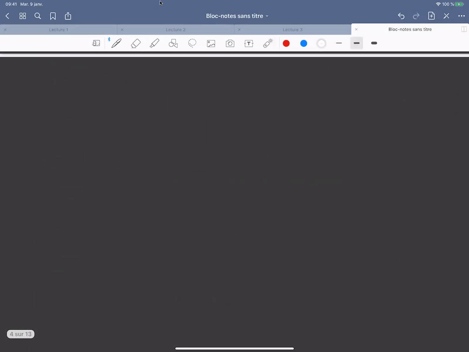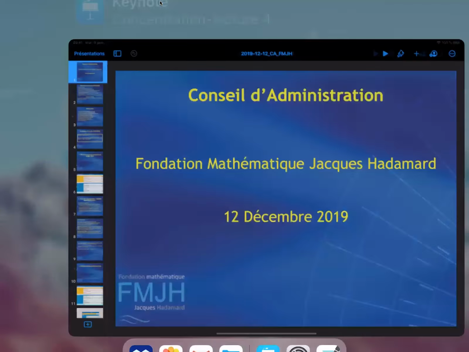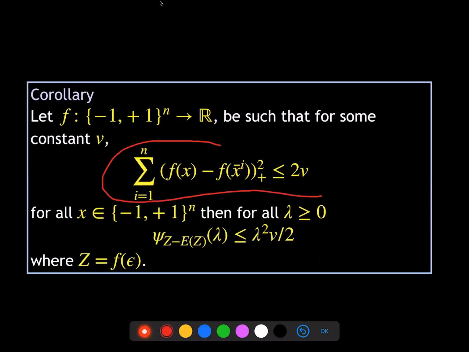Now let's see how to prove the corollary. So maybe we could see the corollary again. It tells you that if you have this condition on the function, which means that a quantity which looks like a quadratic variation is less than 2v, then you have to prove that you are in bar.